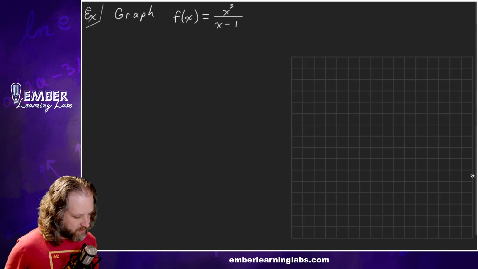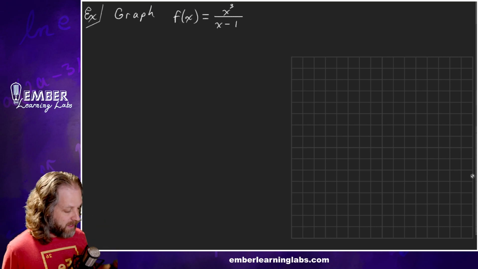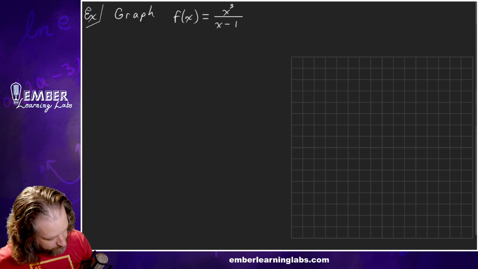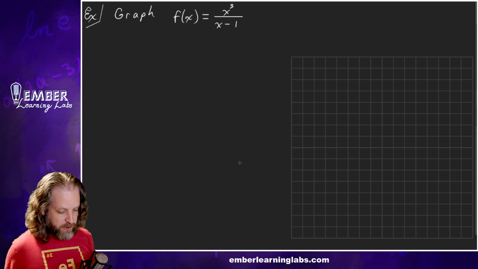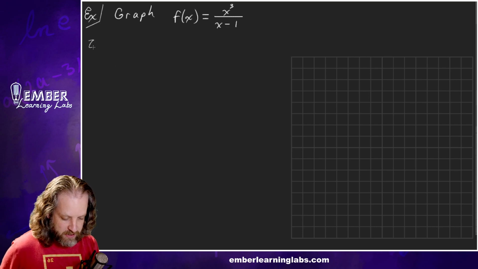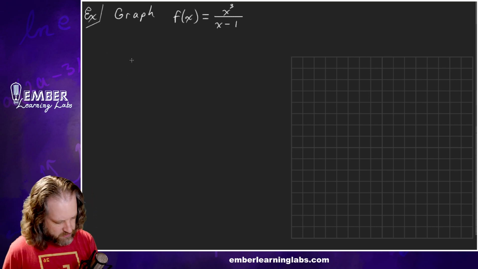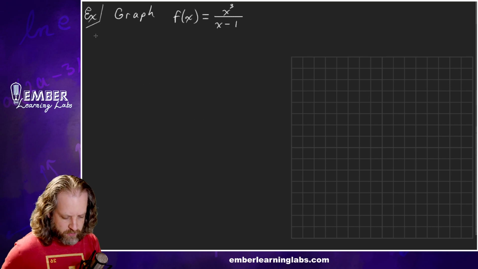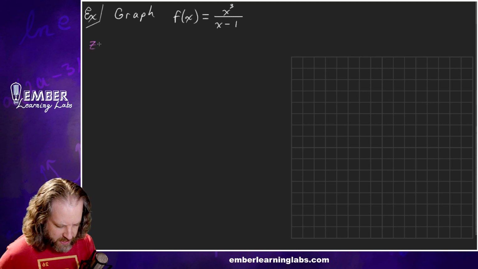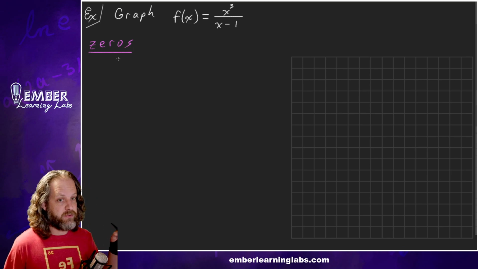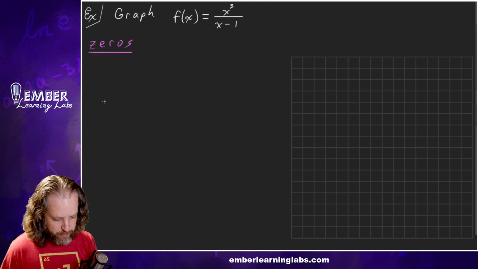So there's our grid. We're going to graph that thing. First of all, let's find some puzzle pieces. The first puzzle piece is the zeros. Let's see about doing some colors and see what works well. To find the zeros of this function, remember zeros are the x-intercepts, so we set the numerator equal to 0.